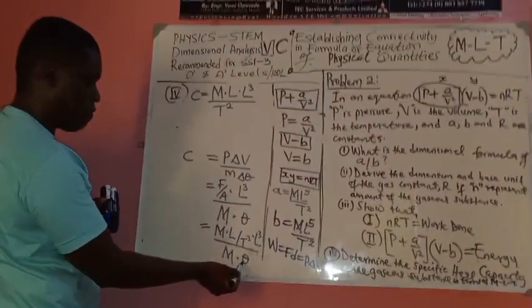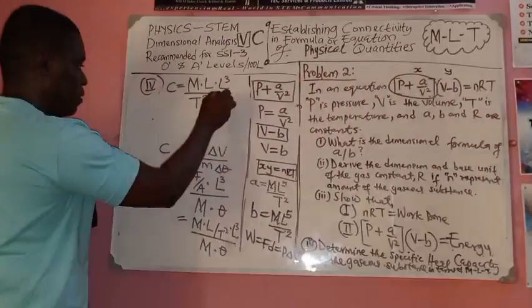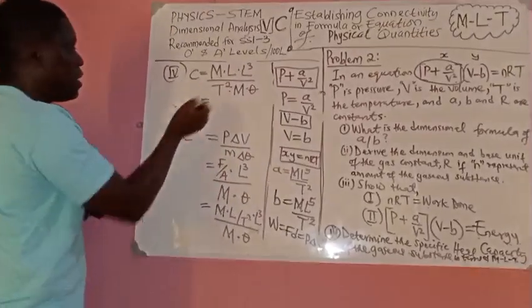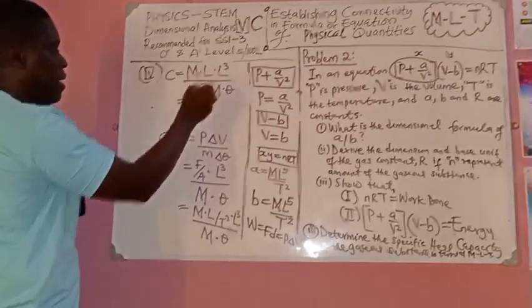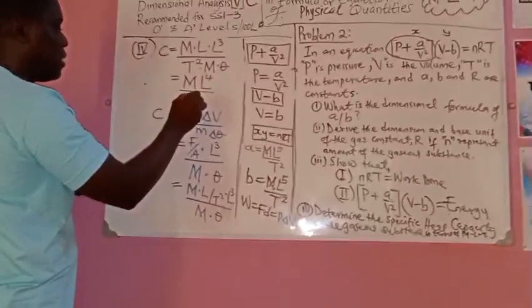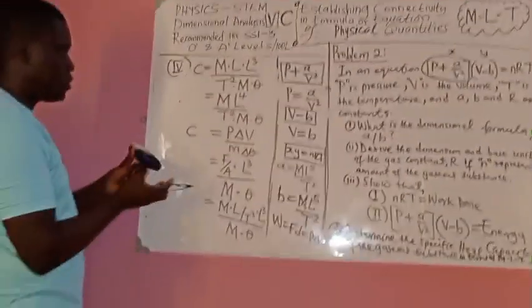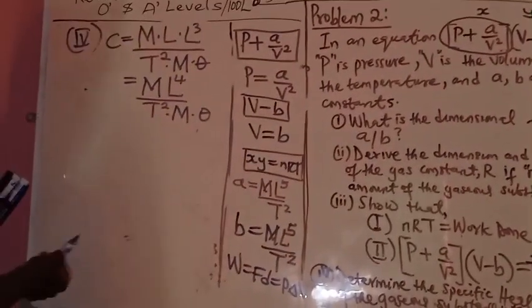Then we have M down here, we have temperature here. So this gives us M, L raised to the power 4, divided by time squared times M times theta. Okay, so from this now, we can write the dimension. So that means we are done.